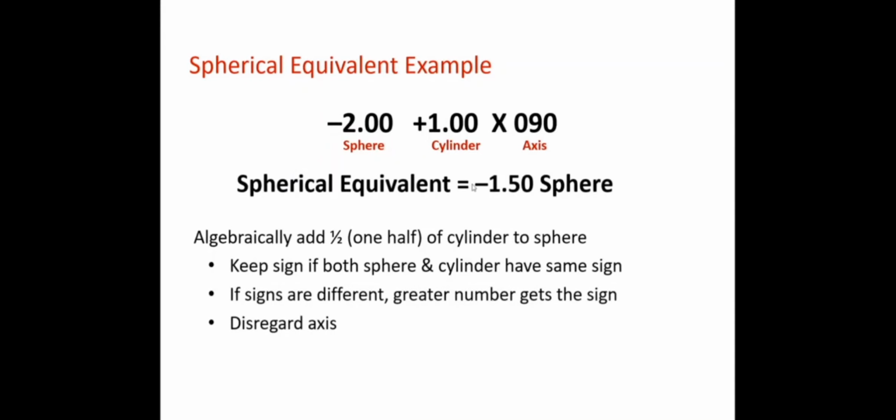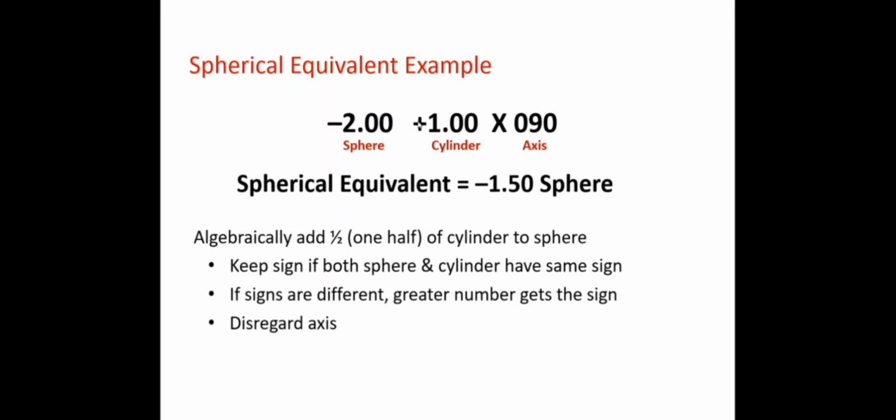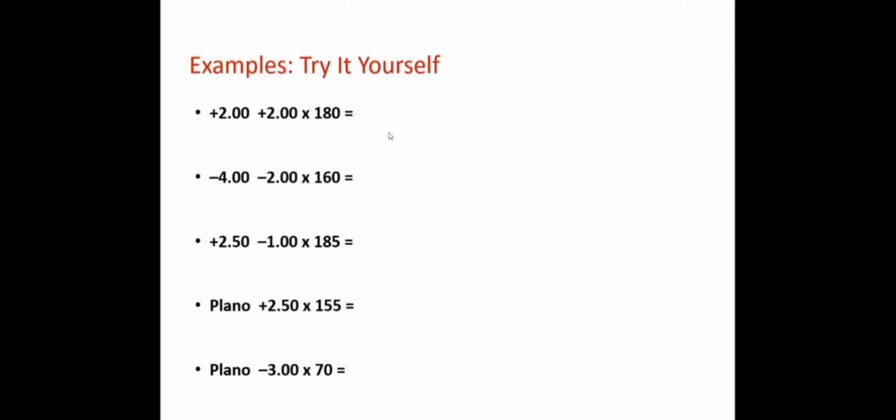So that's going to give you minus 1.5 diopters, right? Because half of plus 1 is going to be plus 0.5. So when you add plus 0.5 to minus 2, that becomes minus 1.5 diopters. Okay, so same thing, are you able to calculate the spherical equivalent for the first example here? Can you all type it out?